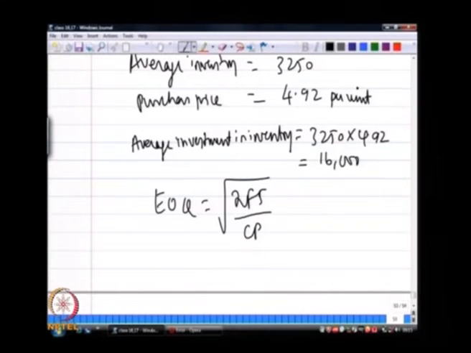Which means if the sales, which is 26,000 now, increases to 52,000, let us say there is a 100% increase in sales.